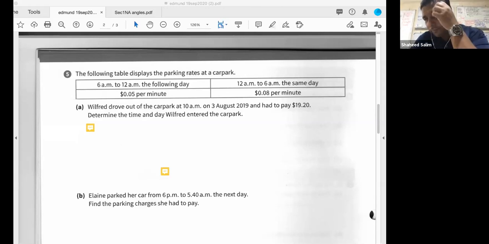Can you do it? Because I don't see you looking down to do the work. You're just staring at the screen, so I'm not too sure. Can you do it? One more minute to think. Think through one more minute.